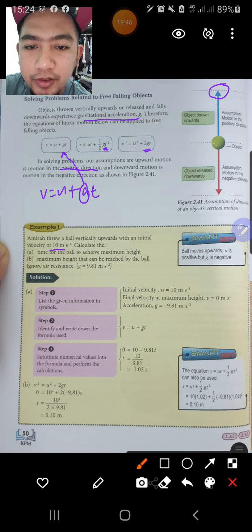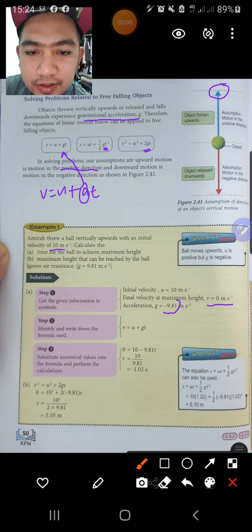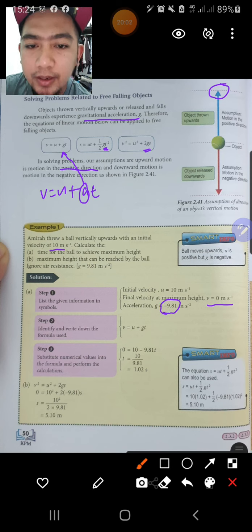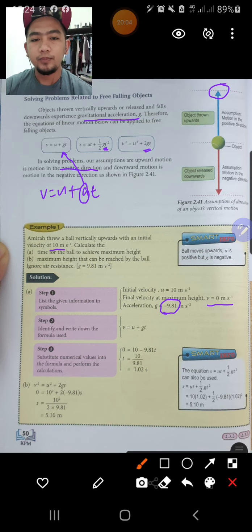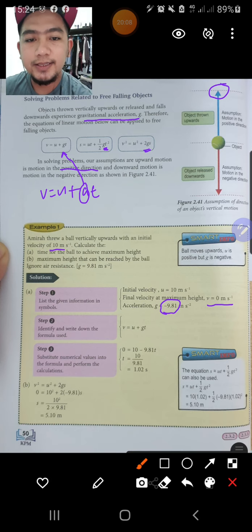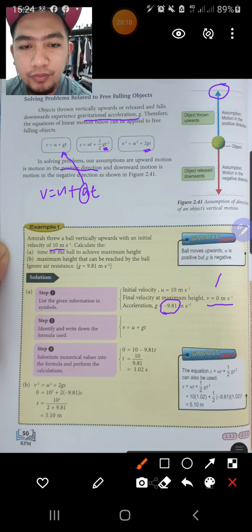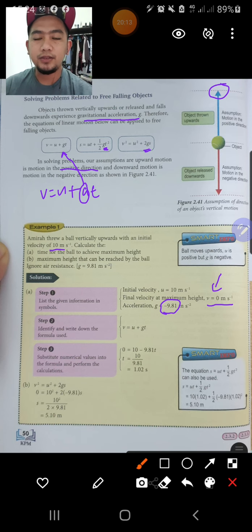And then final velocity at maximum height, v is equal to 0 meter per second. And acceleration g is negative 9.8 meter per second square. Okay, this is our average acceleration. We always use negative 9.81. Alright, someone must ask why the value of v here is 0.